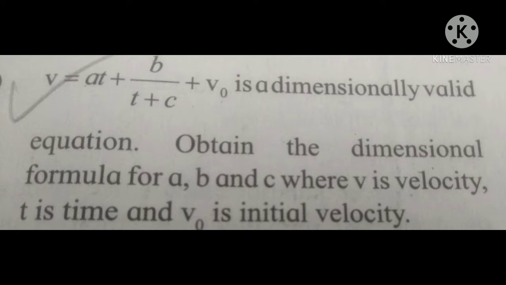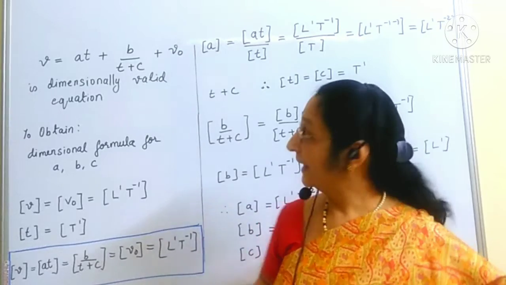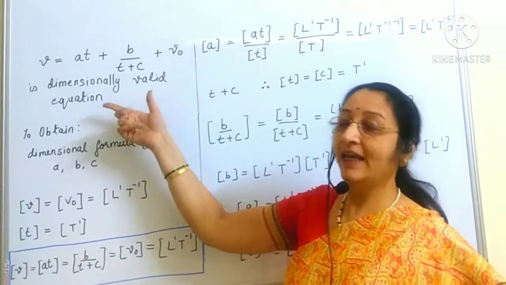V equal to AT plus B upon T plus C plus V0 is a dimensionally valid equation. Obtain the dimensional formula for A, B and C where V is velocity, T is time and V0 is initial velocity. And in the problem is given an equation.